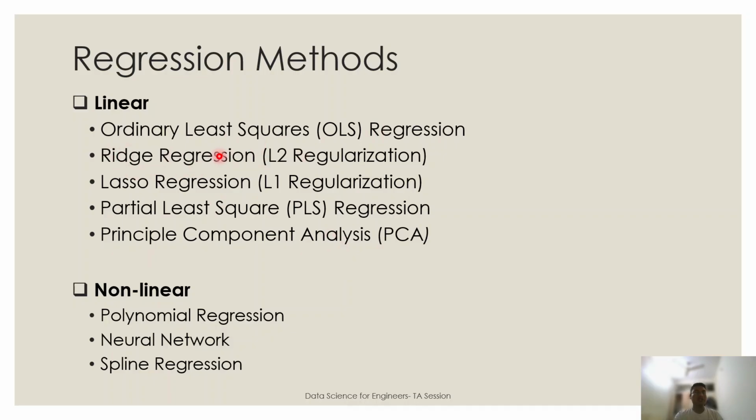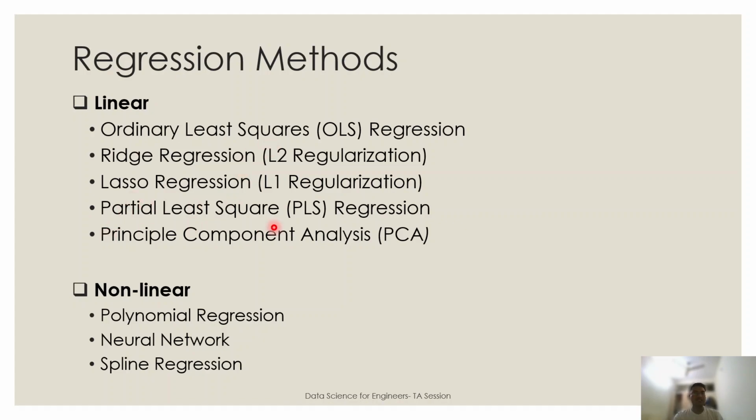You can say ridge regression tackles the case where you have multiple independent features which are correlated with each other. In that case, lasso or ridge regression come into play, and that will give a zero weight to that particular feature. That means if two features are highly correlated with each other, it will eliminate one feature, so that your computation will also reduce, and you will get a more robust model. Okay.